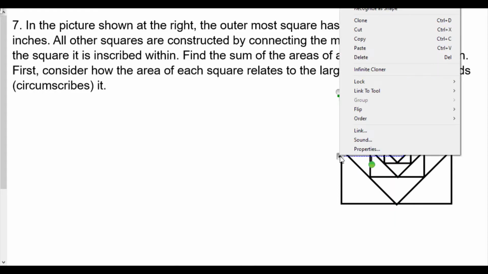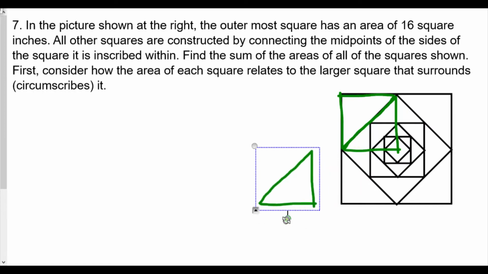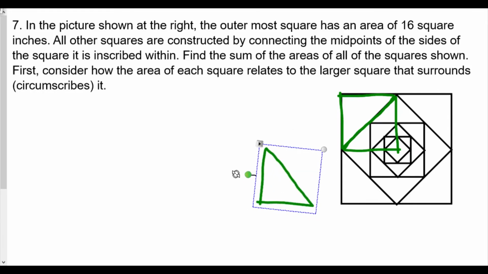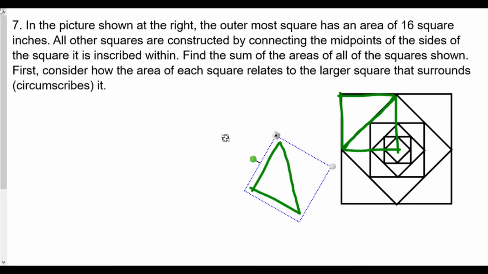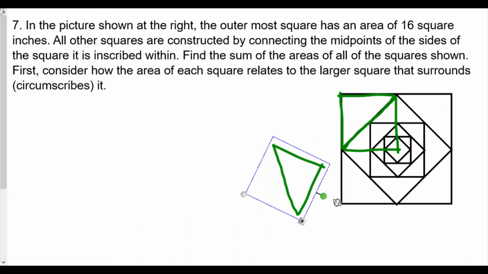What if I were to now clone this triangle, the same triangle, with the same exact shape and area? Oops, I'm trying to show it to you. I'll turn this around. Oh, you know what? I have to flip it.